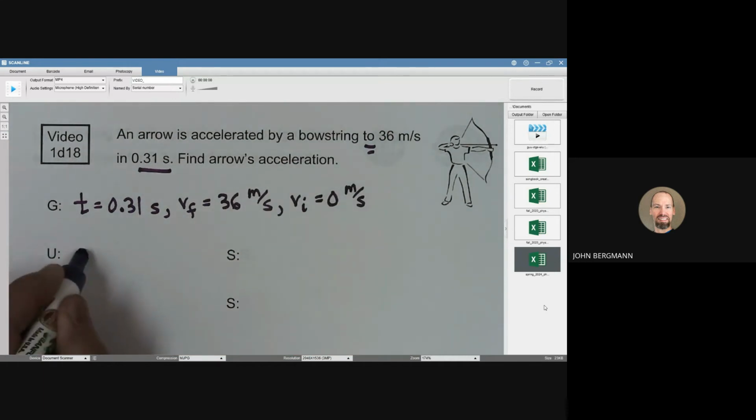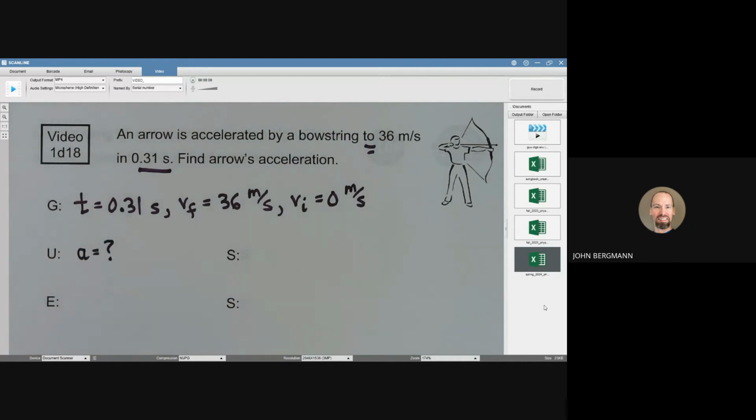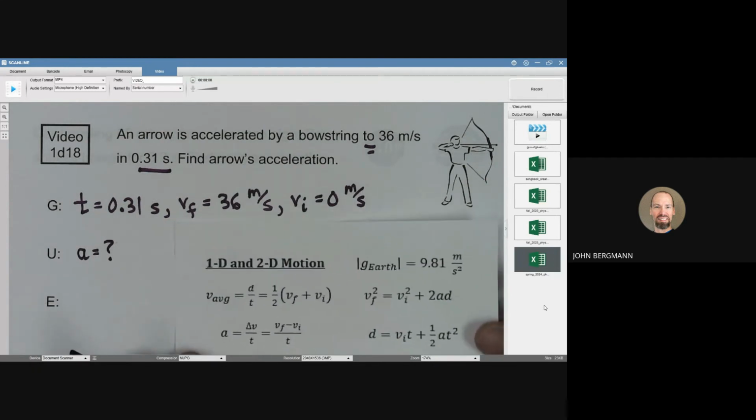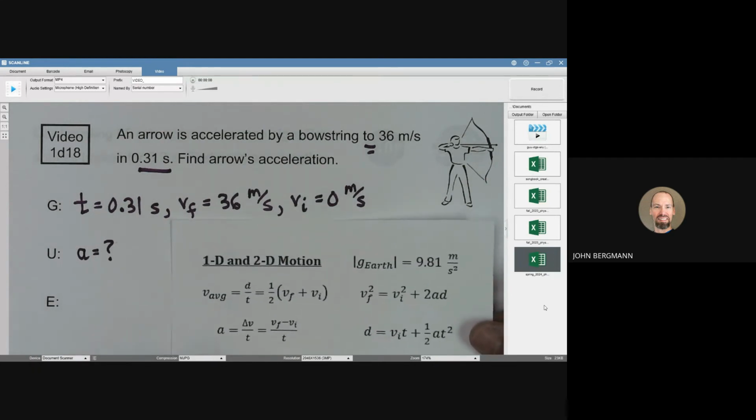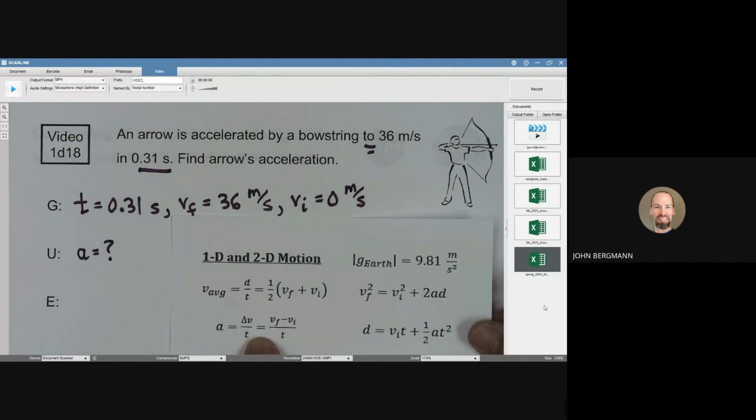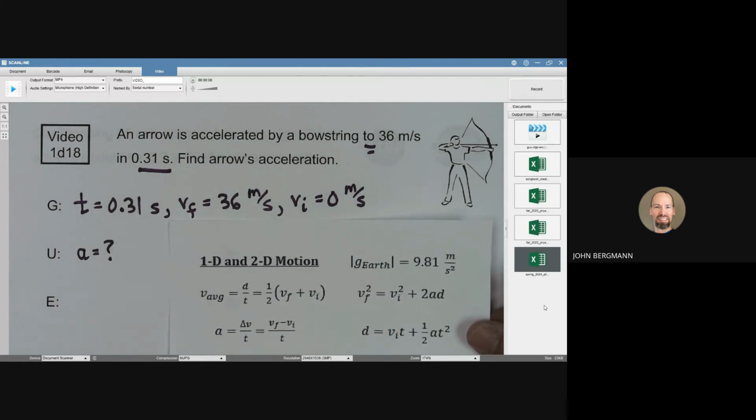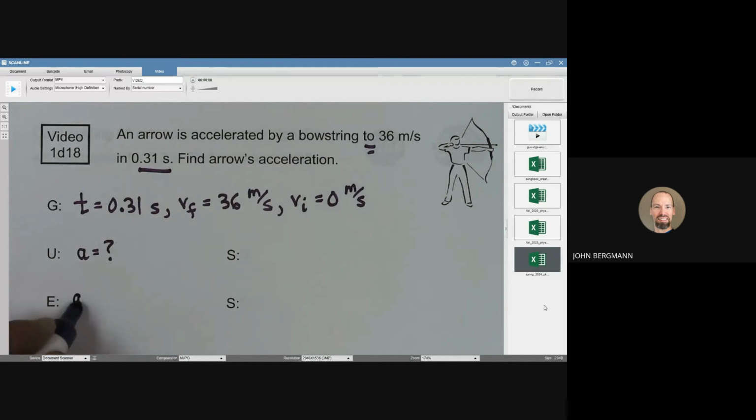The unknown is the acceleration. We need to look through our equations now and find one that is going to help us get to where we need to go. And that's going to be the one here in the lower left corner. Acceleration is change in velocity over time, which is also v final minus v initial divided by time. So that's the equation I'm going to write here.